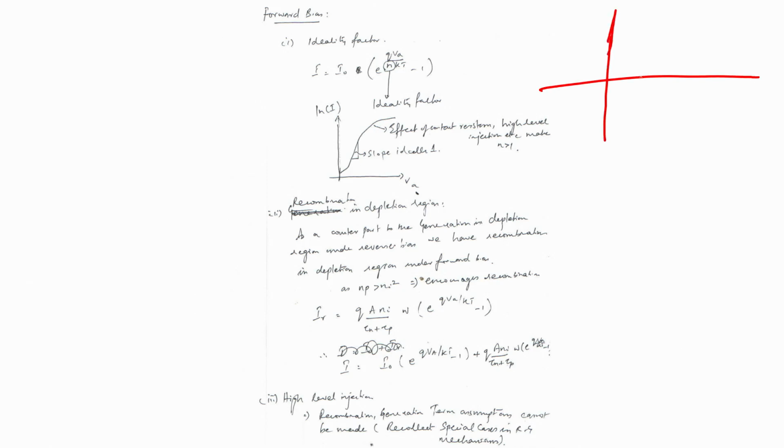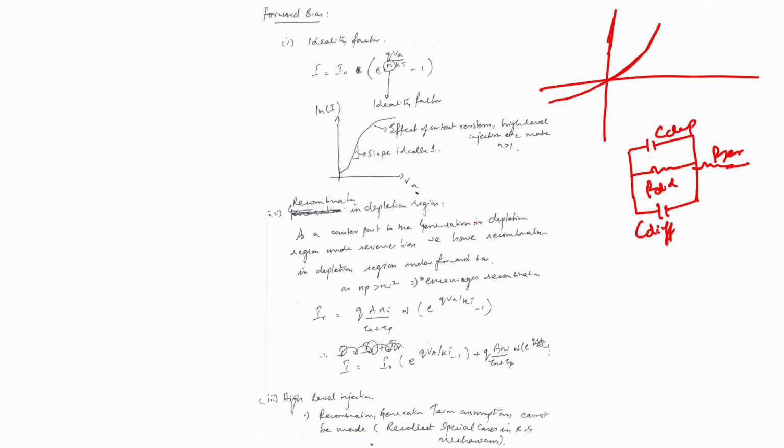Because the currents are large, you do have an exponential climb initially, but then because of the series resistance or any voltage drops in the PN junction diode, if you remember the equivalent circuit of the PN junction, it had a diffusion capacitance, a depletion capacitance, and a diode resistance as well as a series resistance due to the bulk regions and the contacts they make with the metal, etc. If the currents are quite large, it can lead to a voltage drop across the series resistance, which will effectively imply that the diode is seeing a much smaller voltage.